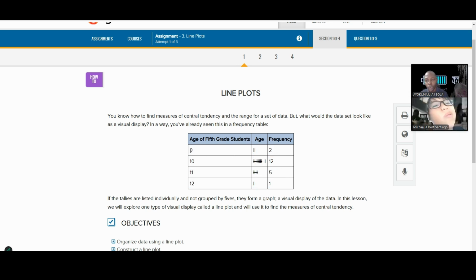Yes. So, how many times does 9 appear on this table? Look at the table. It's 9, it appears 2 times. Very good. What about 10? How many times does it appear?